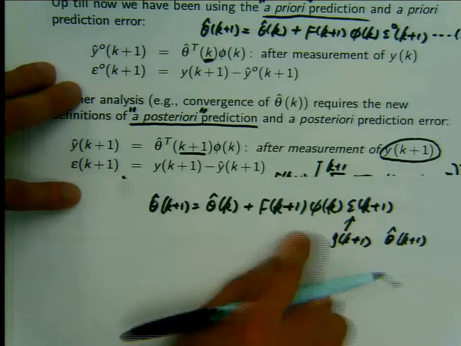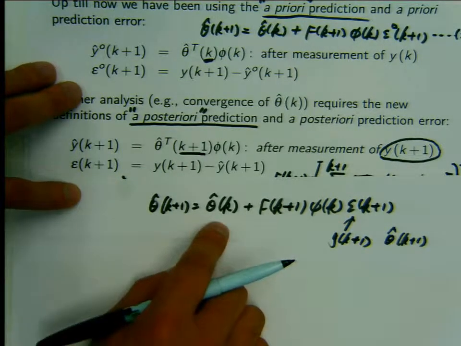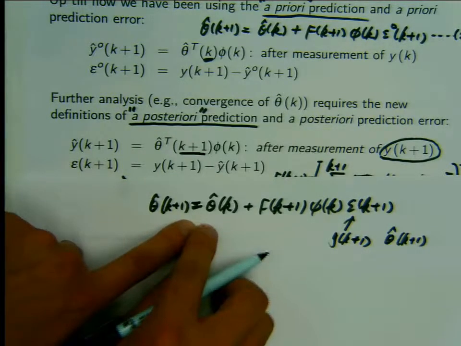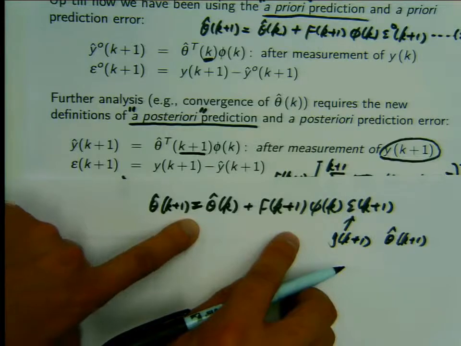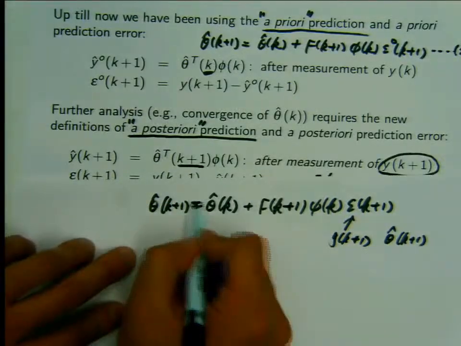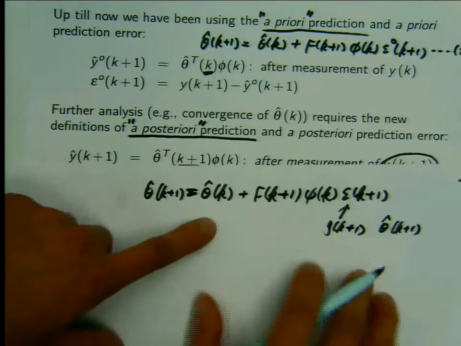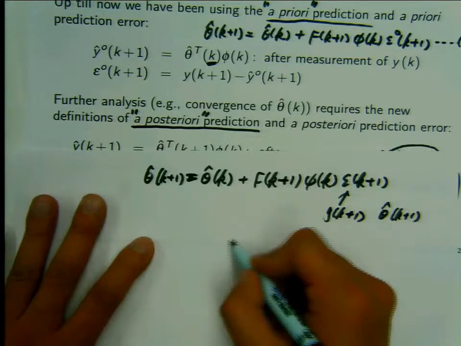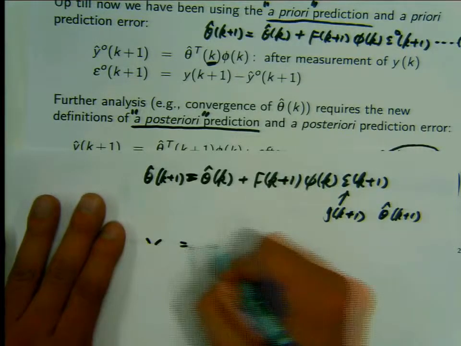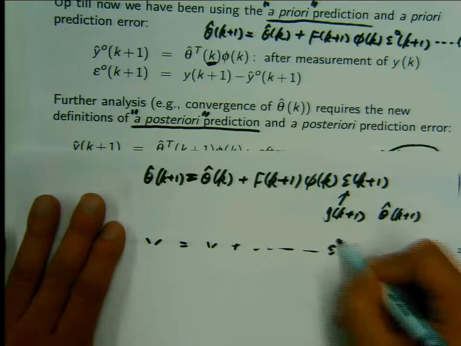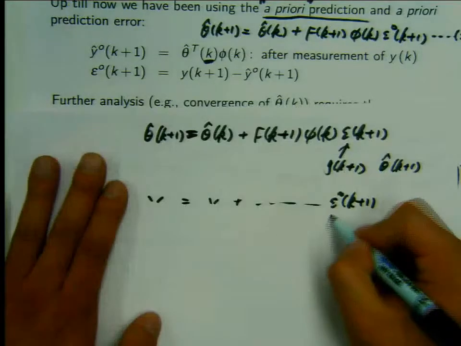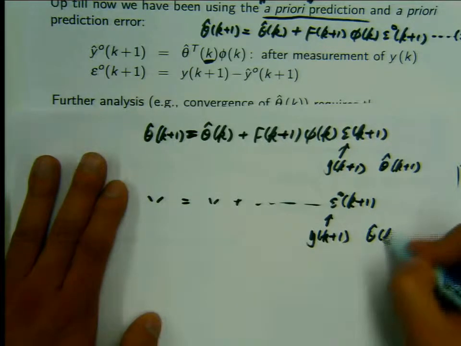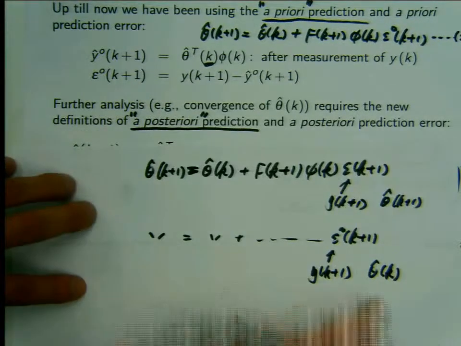Originally, everything on the right-hand side of this update equation, this estimation, the original way of writing is theta hat equals theta hat. This originally is using yk plus 1 as well, but it's using this. These are the two equations.